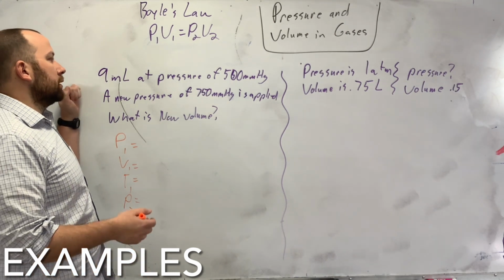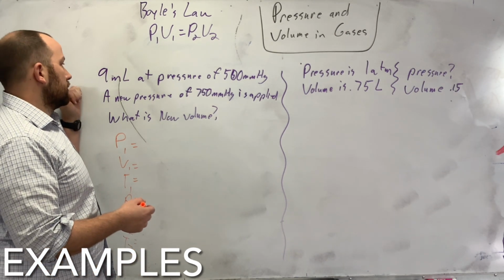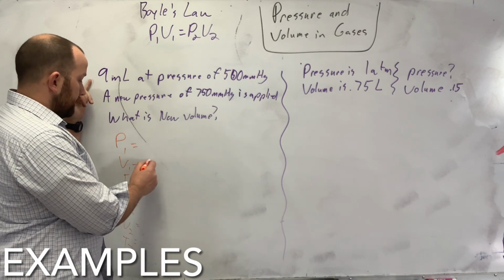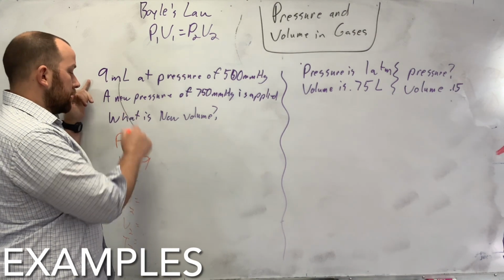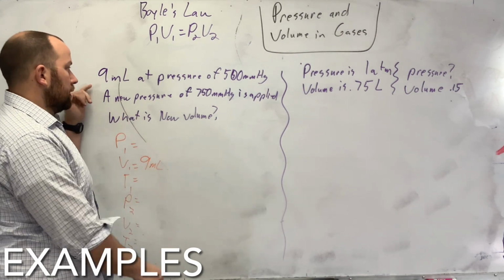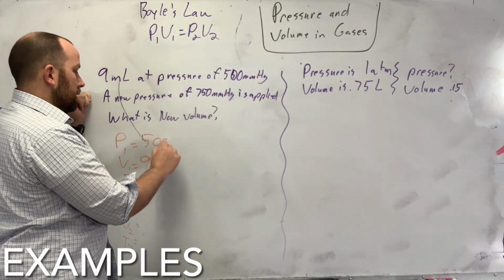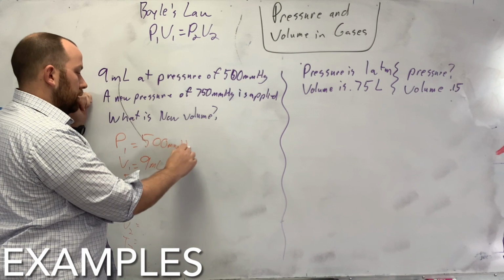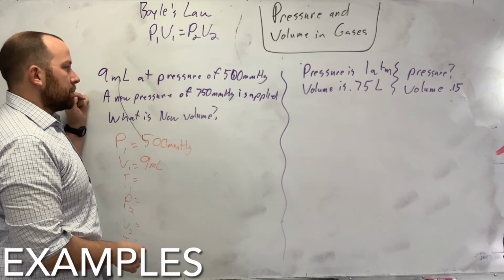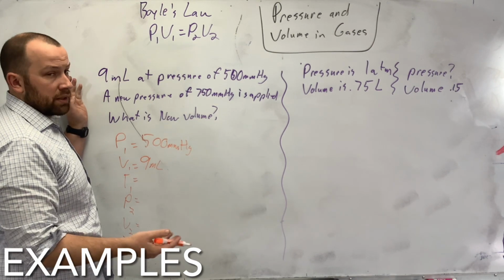So I have 9 milliliters, that's a volume. We'll call this part my 1. At a pressure of 500, so I have a pressure. Does it say anything about temperature there? No, but it still might.